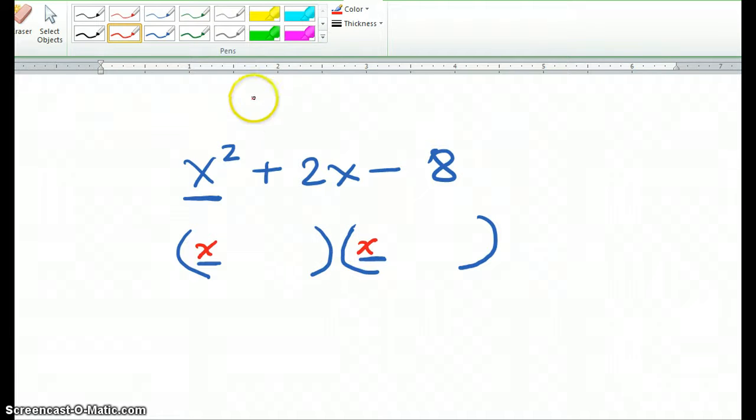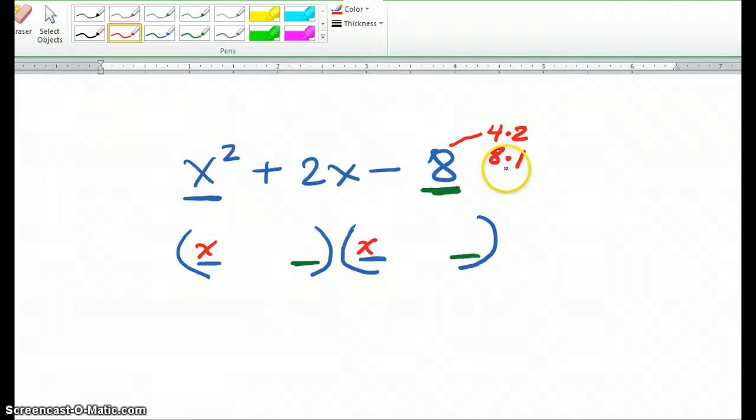Pretty straightforward. Okay, so now what we're going to look at is the last term. And remember, the last term is gotten by doing the last terms in the binomial. So in order to get 8, we can either multiply 4 times 2 or 8 times 1.